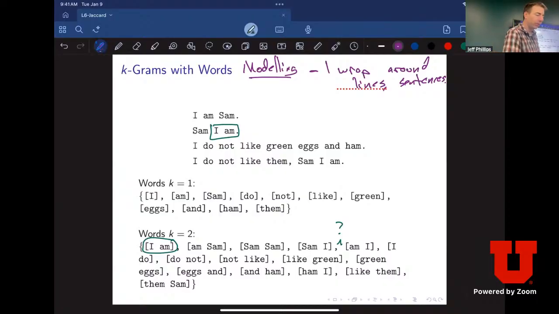What other modeling choice do I have in here? Consecutive words, sure. I have Sam here, right? I could say, well, if the word occurs twice, I don't want to write it down twice. I think this could be a modeling choice to filter this out.